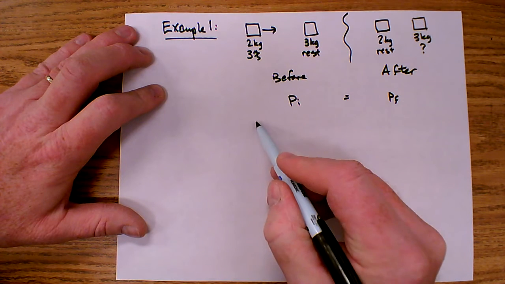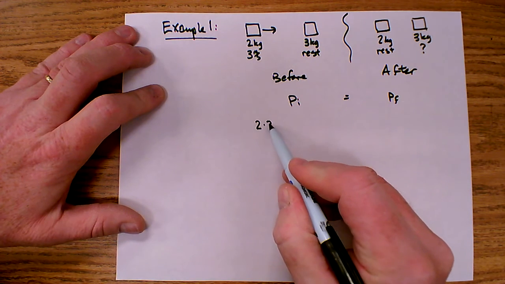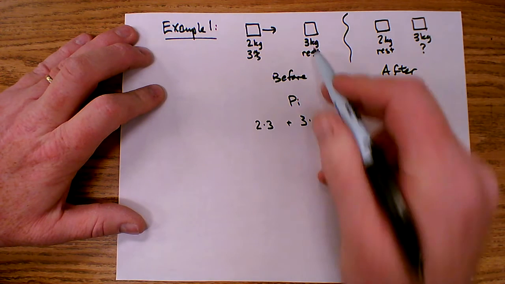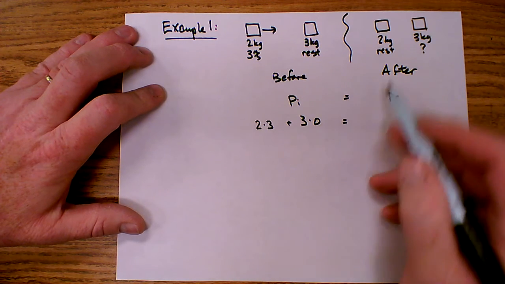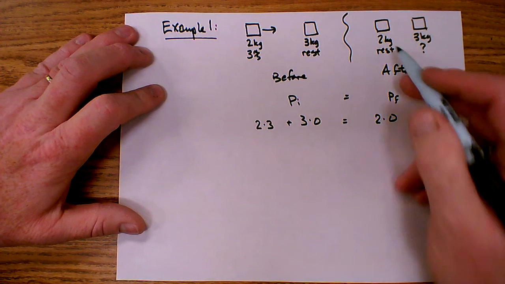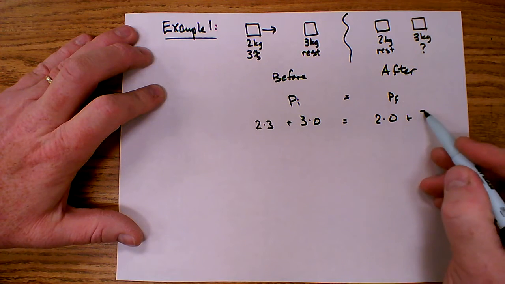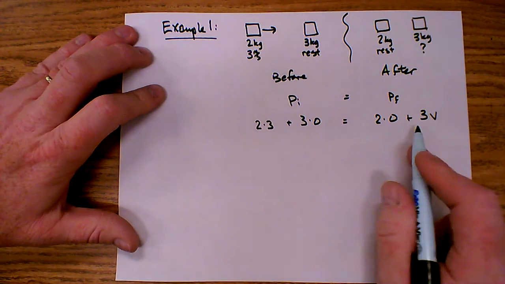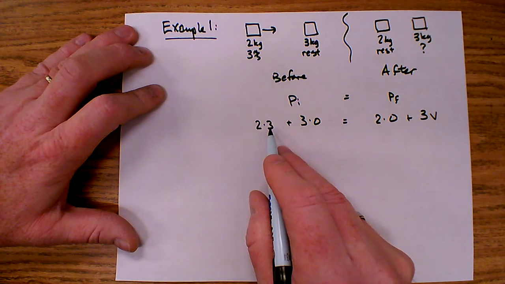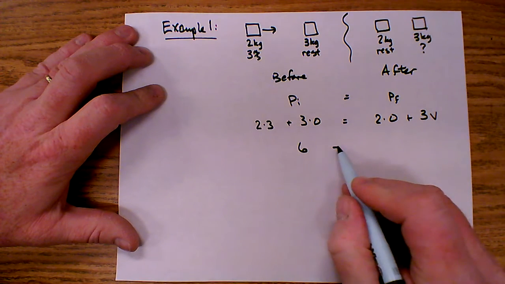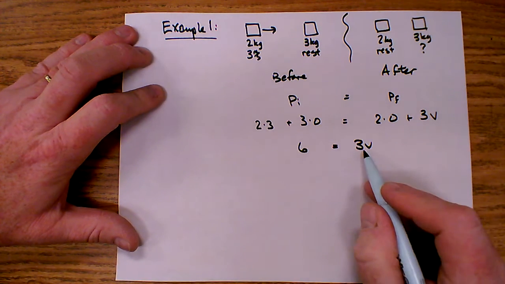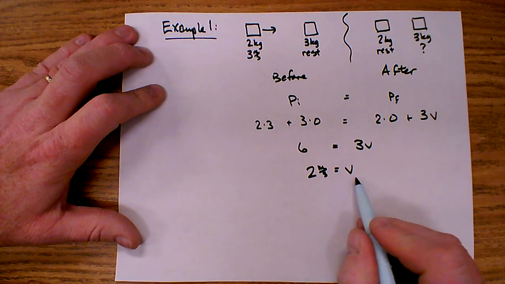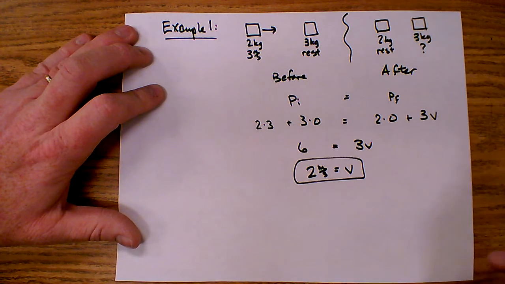So here I've got 2 kilograms times 3 meters per second plus 3 kilograms times 0 meters per second at rest equals 2 kilograms times 0 meters per second plus 3 kilograms times an unknown velocity. As I simplify this, I see that I have 6 on the left equal to 3v, and I simply solve this and I get 2 meters per second as the velocity of this object.